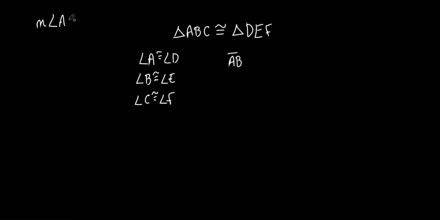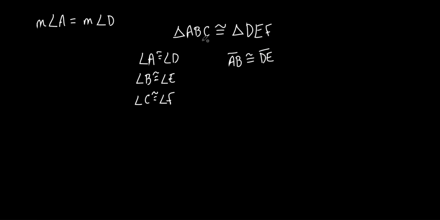The measure of the angle. Then I could put equal, because when I say the measure of the angle, I'm talking about a number. It could be 30 degrees, 60 degrees, 100 degrees. So I could put equals when I'm dealing with numbers. Same thing with this. If I said line segment AB is congruent to what?